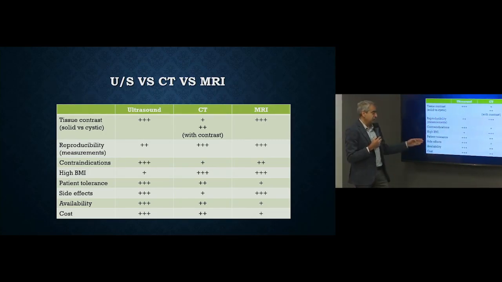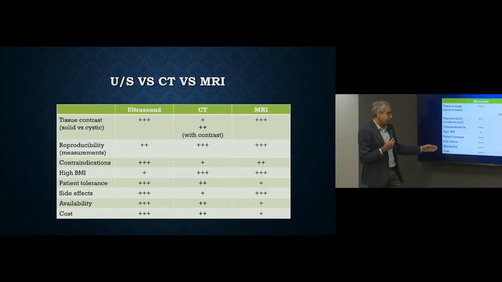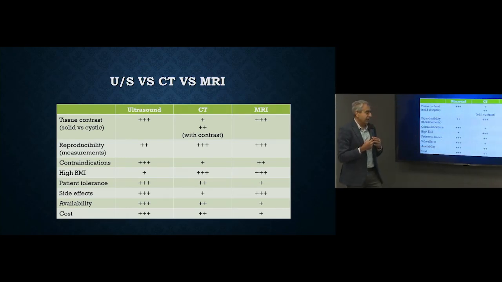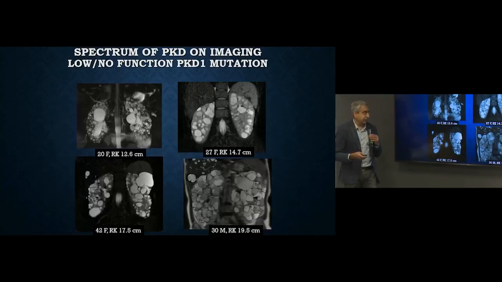And MR generally also has very, very rare side effects with regards to the intravenous contrast if we're going to use it. And then availability: ultrasound you can find on every street corner to some degree. CT scan, not as much. And MR is more restricted depending on where you live in the world. And cost-wise, that's also reflected. That's why ultrasound is so much more available.